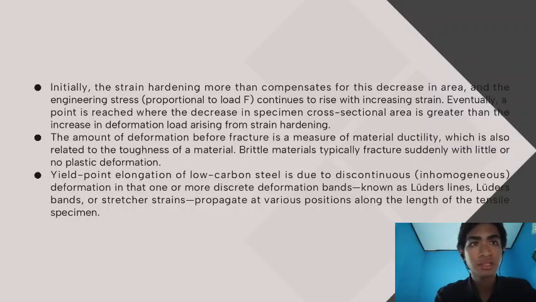In contrast, ductile materials can exhibit a large amount of plastic deformation before fracture. Upon loading of ductile material beyond the elastic limit, the addition of plastic deformation to the elastic strain causes the total strain to increase at a faster rate than before, and the plot curves off from the modulus line.